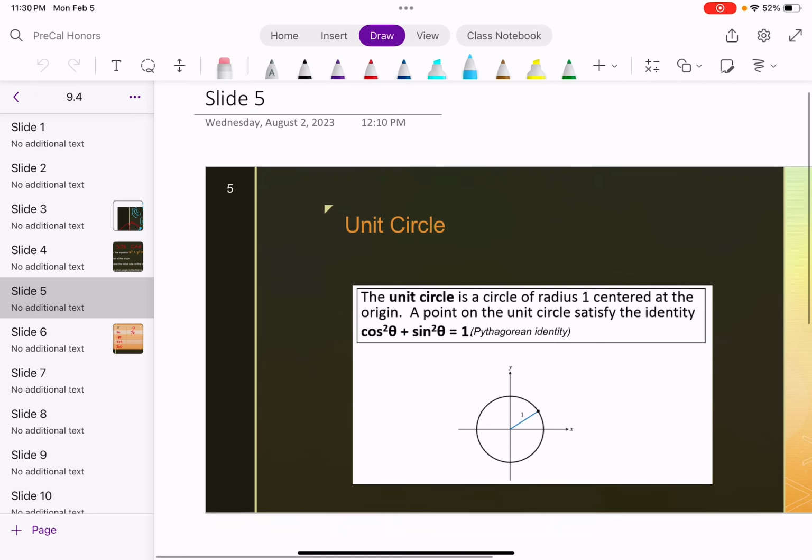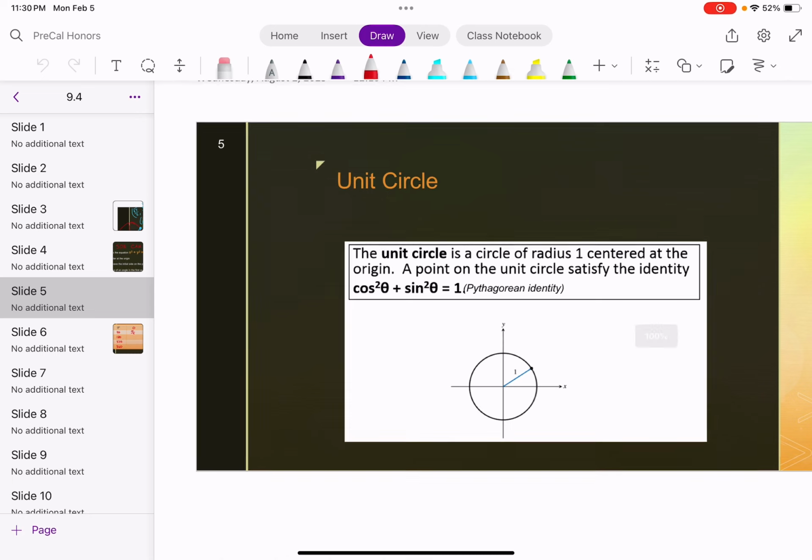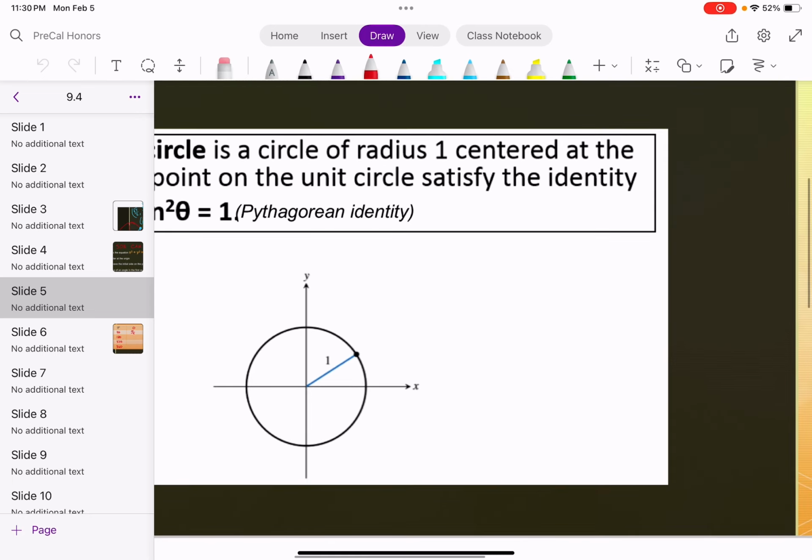So the unit circle is a circle of radius 1 centered at the origin, and the points on the unit circle satisfy the identity of cosine squared theta plus sine squared theta is equal to 1. So ultimately what we end up doing is looking at the exact same formula that we were looking at before, which was x squared plus y squared is equal to r squared.